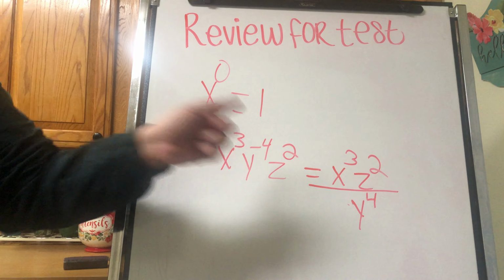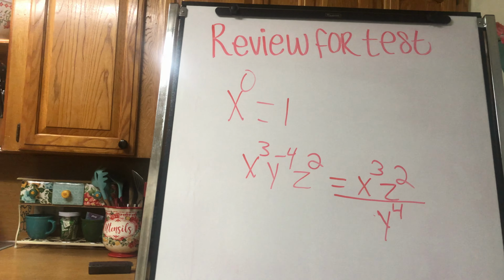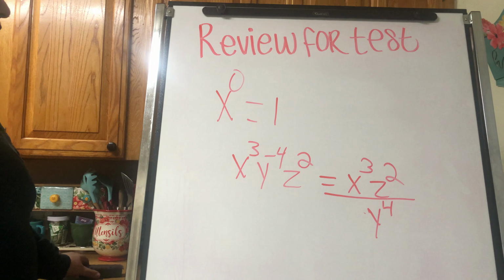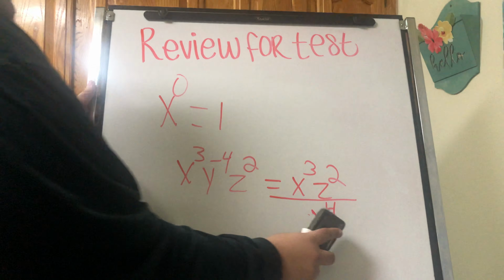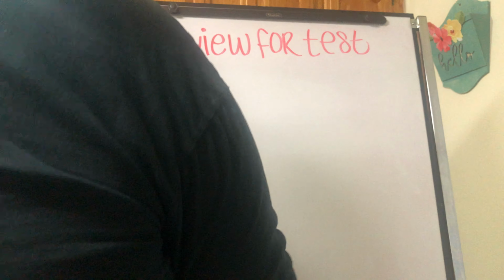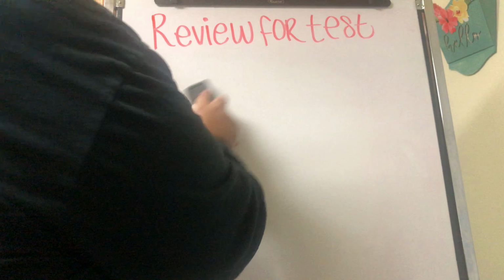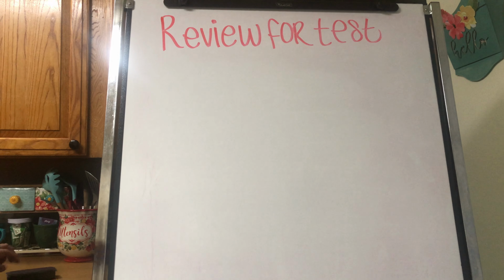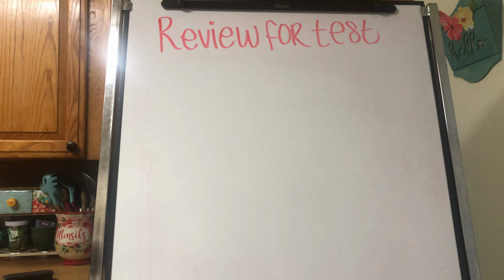Anything to the 0 power, 1. Cannot have negative exponents. Now let's jump into multiplication and division. So these should be the ones that are fresh in your mind. When multiplying exponents, you add them.